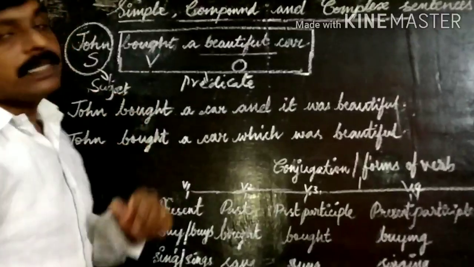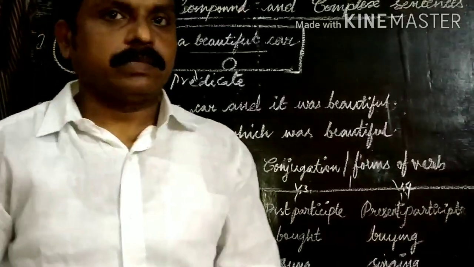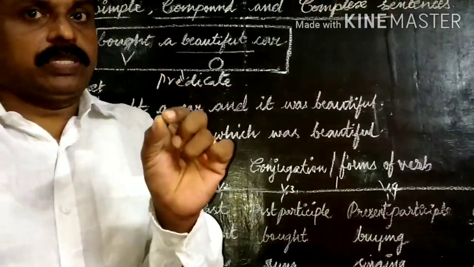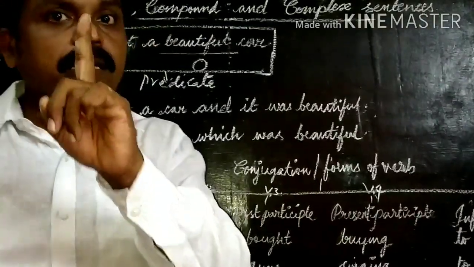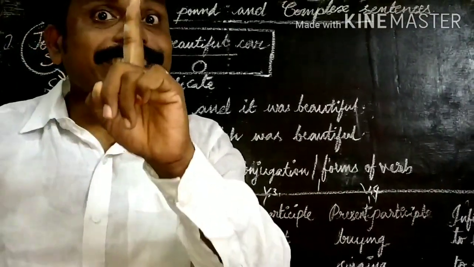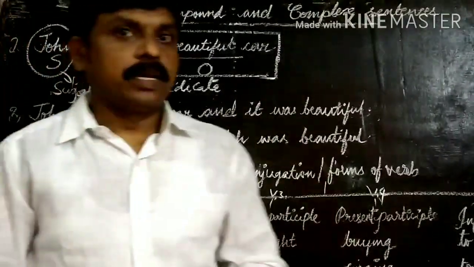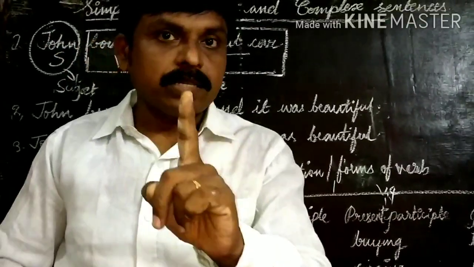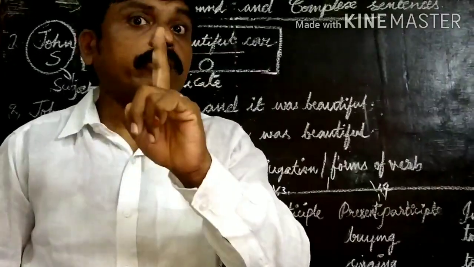Then this sentence is said to be a simple sentence. A simple sentence can be defined as a sentence which consists of a single subject and a single verb or single predicate. A simple sentence is a sentence that comprises only one subject, one predicate or one verb.